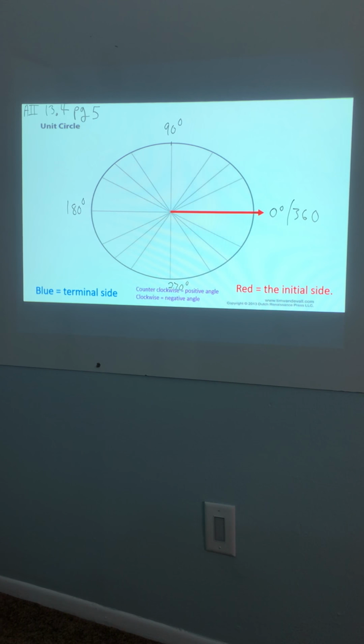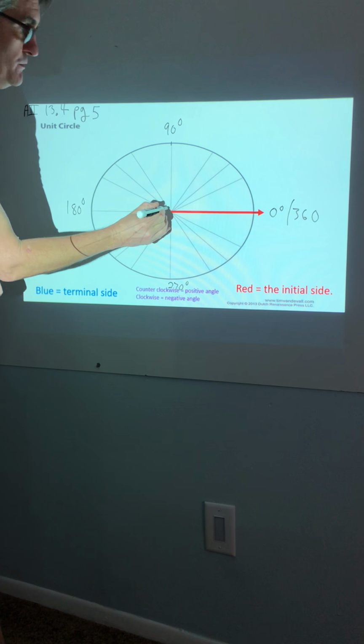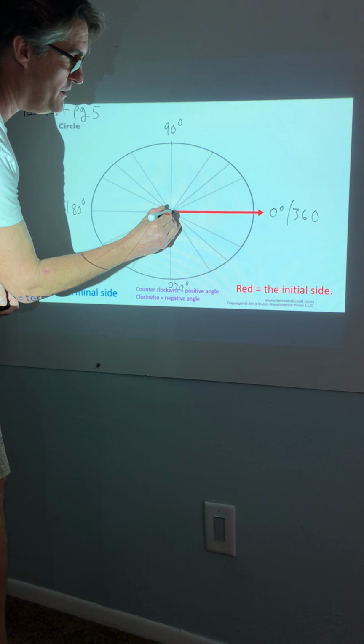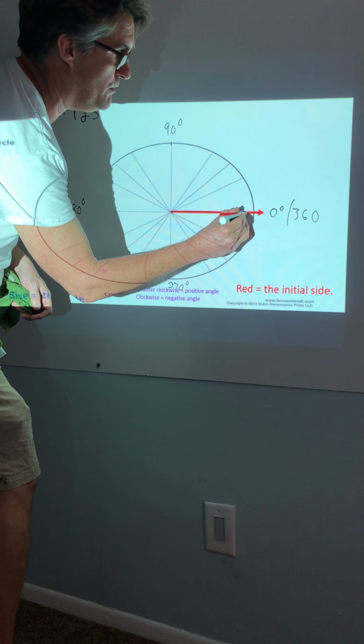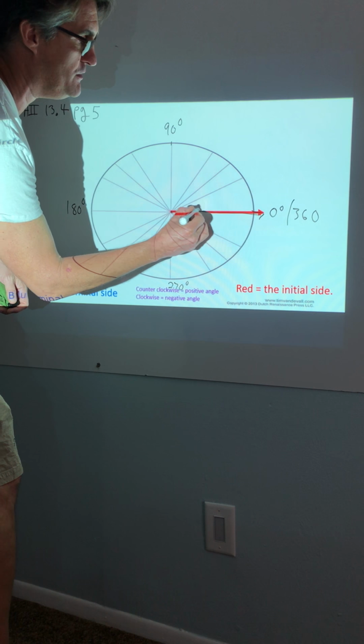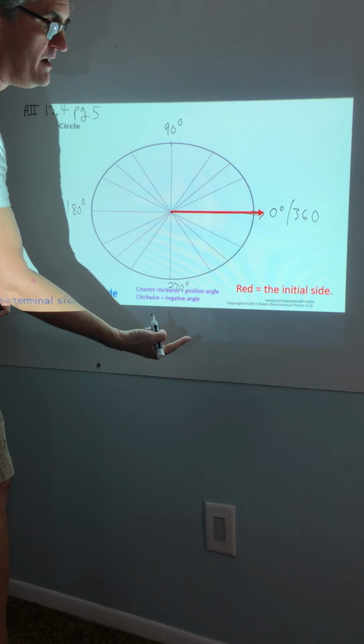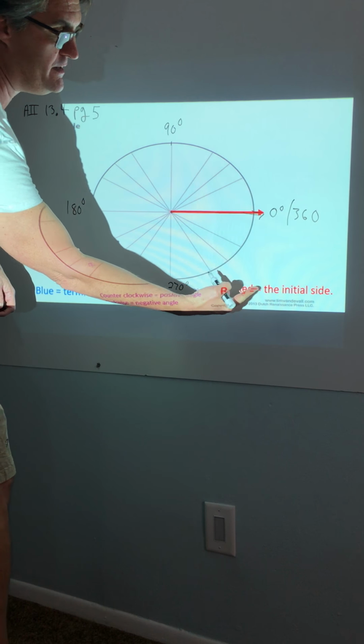Let's say you want to make an angle of 150 degrees positive. The first thing you're going to do is put a point at 0, 0, and you're going to draw a ray going here. This is always going to be your starting ray, in red, called the initial side. If you want 150 positive, then you're going to spin from here counterclockwise.